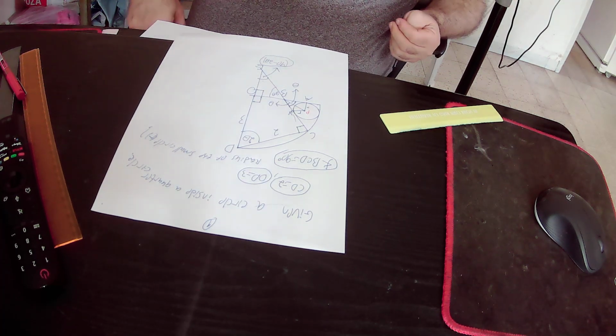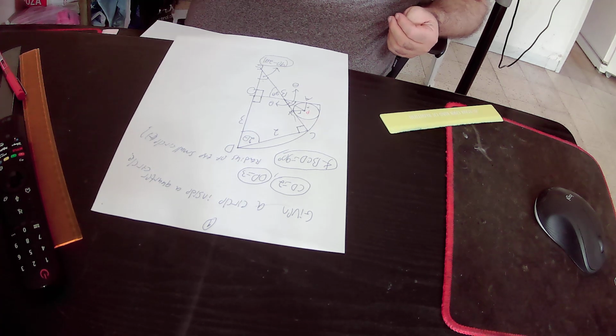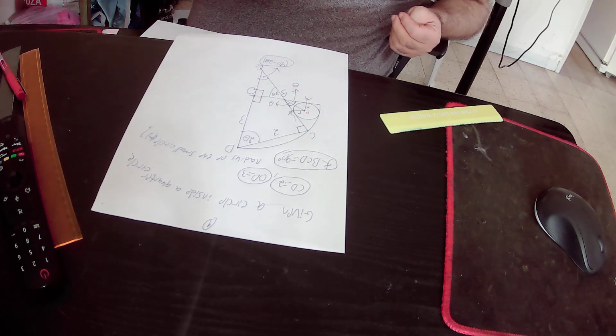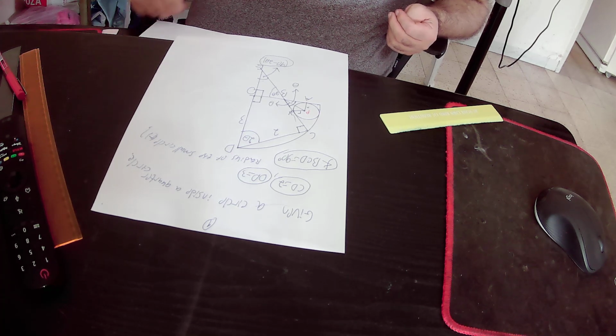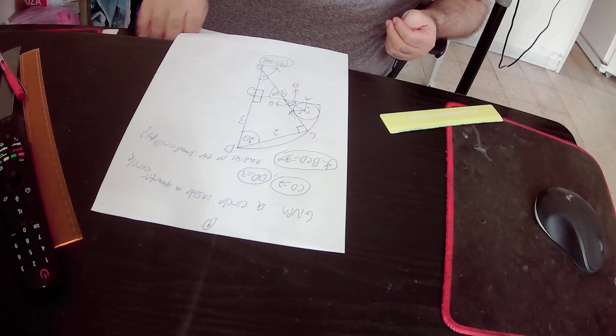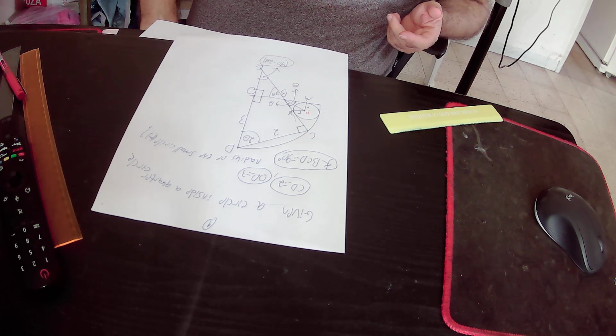So actually triangle EDC is a right triangle. Therefore, we can implement the Pythagorean theorem in the right triangle EDC, that is to say, the square of the hypotenuse equals the sum of the squares of the perpendiculars.